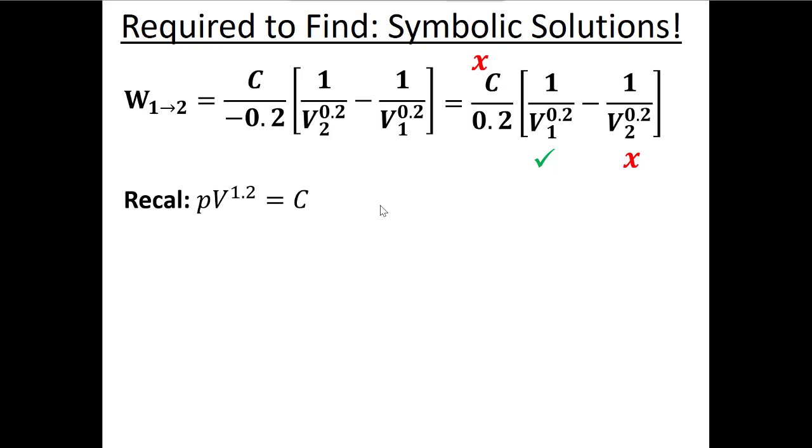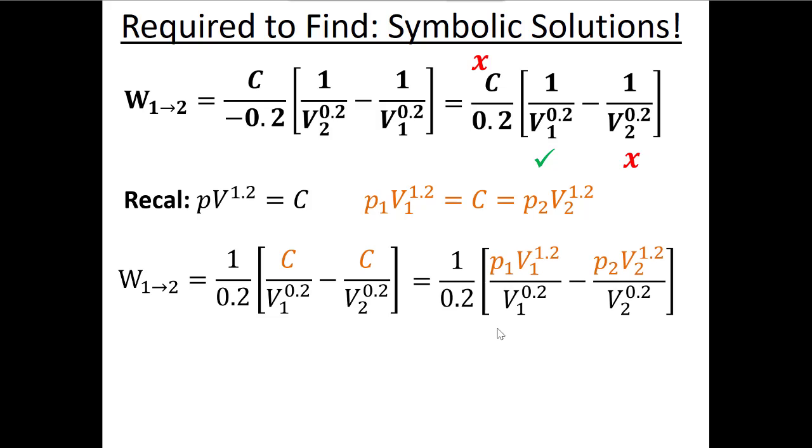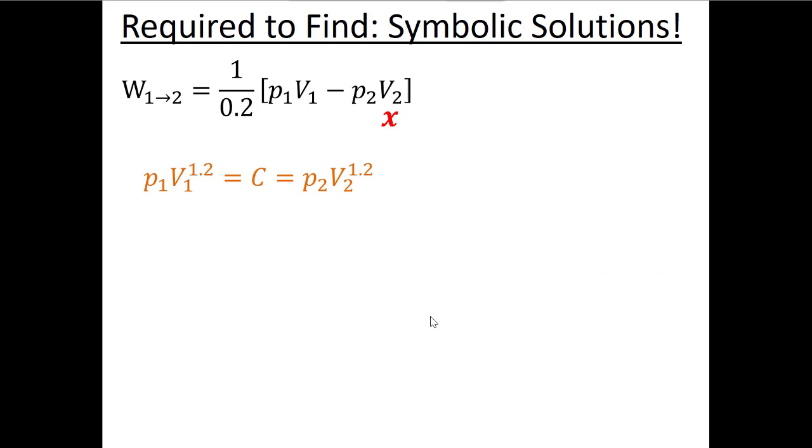We see that we didn't have V2. So we just use the fact that we know P1 V1 to the 1.2. You could do this to find the numerical value of C, but you don't ever actually need the numerical value of C. So as we work through this, we can get to the same expression, but we don't know V2. So here we can see that I can get an expression for V2.